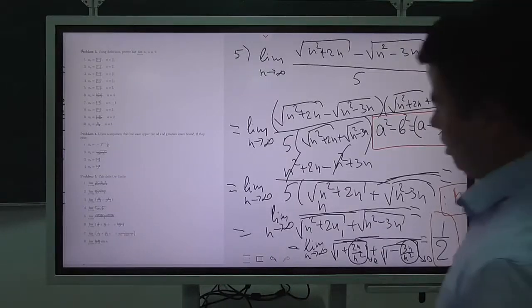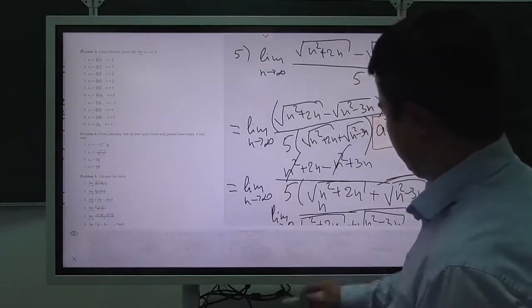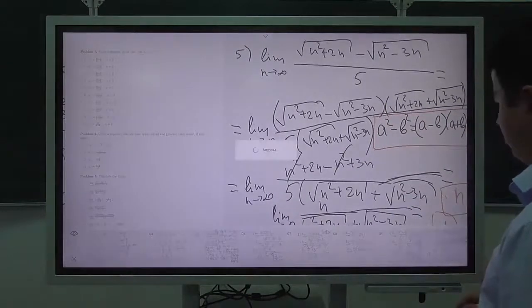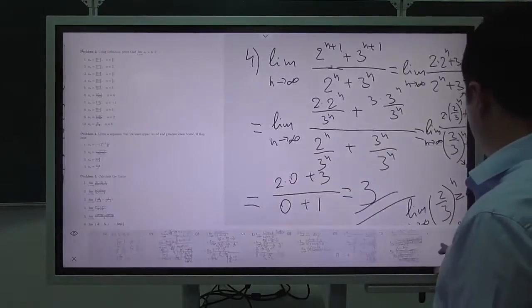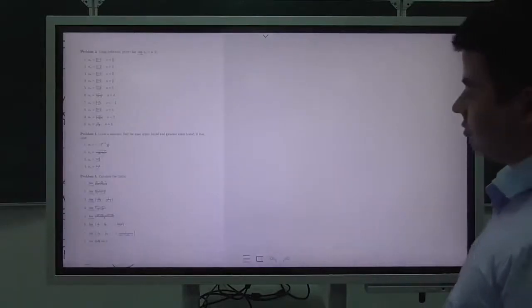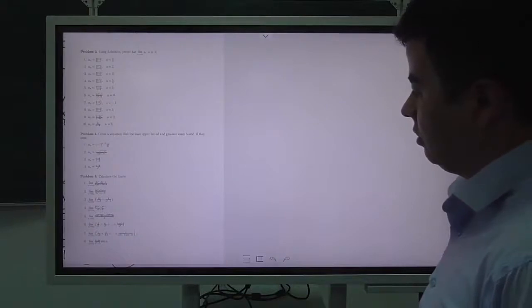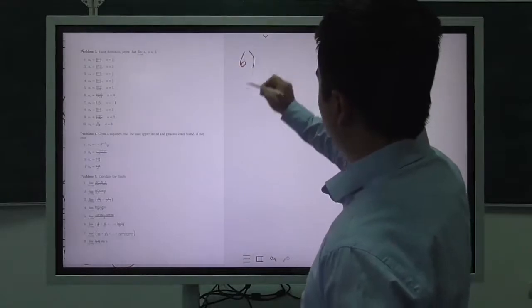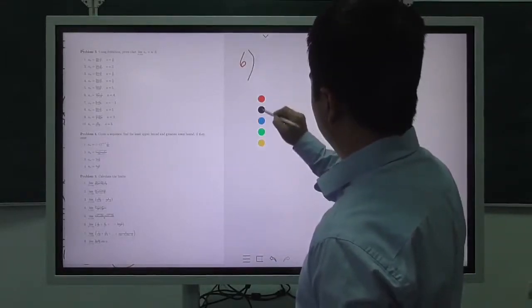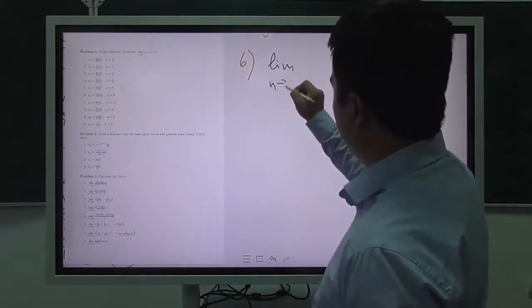And now let's continue. Number 6 now. Limit n tends to infinity.